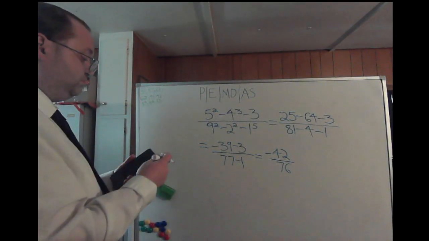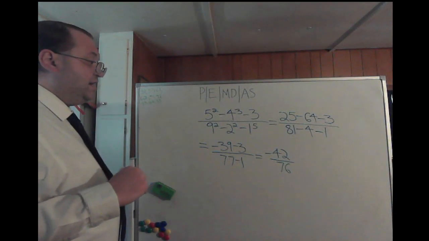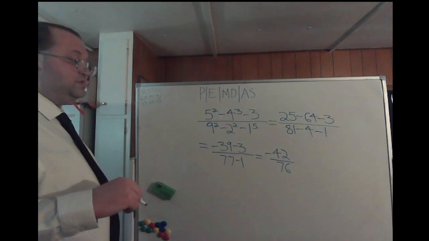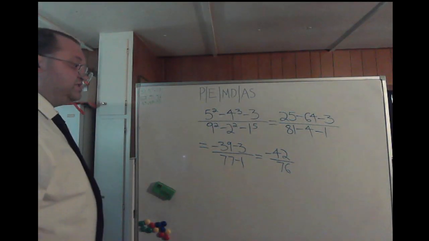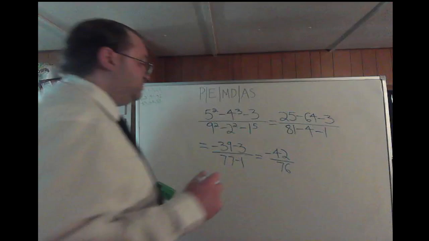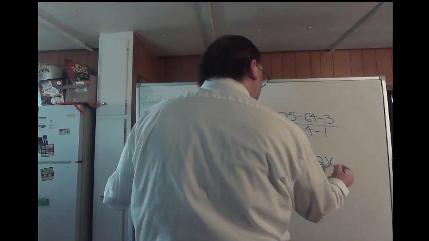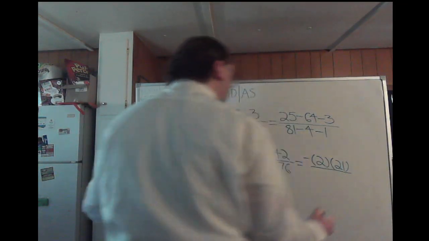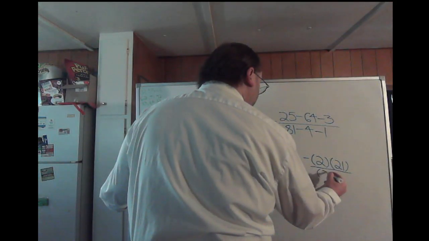Okay. Well, do we have any numbers in common that can factor out? Because I can tell you this is not in its simplest form, the negative 42 over 76. Let's start with 2. So you have negative 2 times 21 is 42 over what times 2 gives you 76?